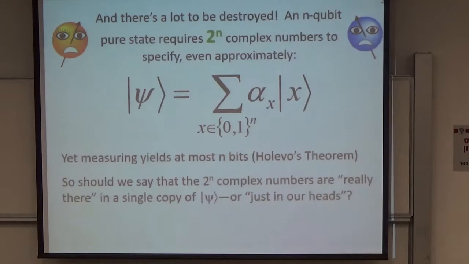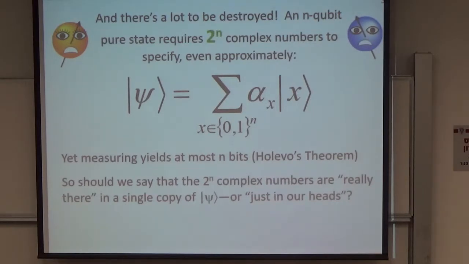Apparently, in the philosophy of quantum mechanics, this is what's known as the ontic versus epistemic debate. If you think that the amplitudes are really there, that's the ontic view, and if you think that they're in your head, that's the epistemic view.